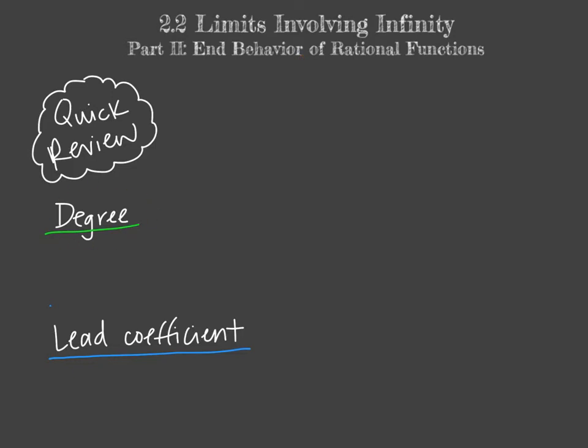So we need to make sure we understand what degree of a function is and what the lead coefficient of a function is. Okay, so for this cubic function here, this cubic trinomial, the degree is what the highest exponent is. So our degree here is 3 because it's a cubic function. And the lead coefficient is going to be the number that is out front in that term.